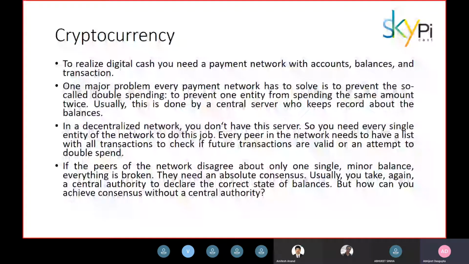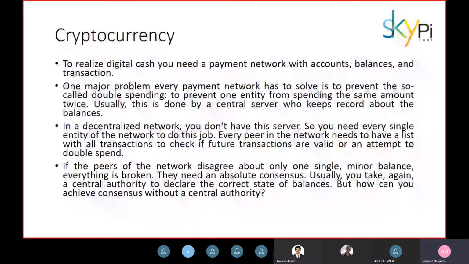Wouldn't it be nice? But obviously it is not possible in our real world examples. Once we spend something, that money gets spent, and we cannot double spend that amount. This is very much possible in a real transactional system where a central server keeps all the balances.